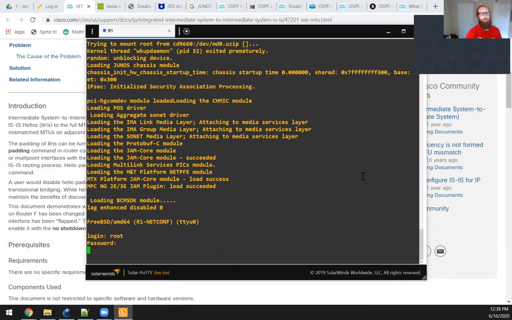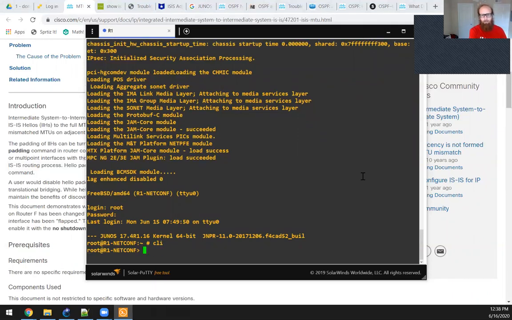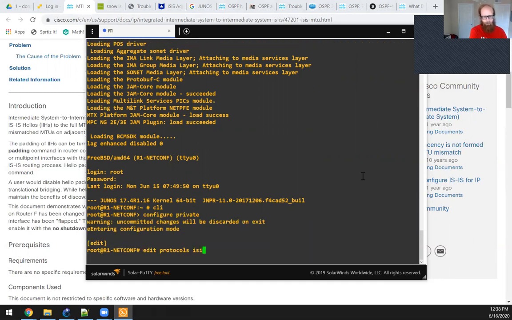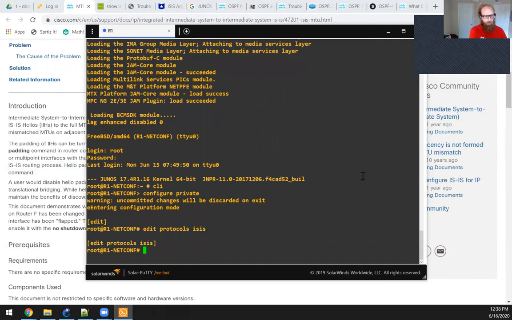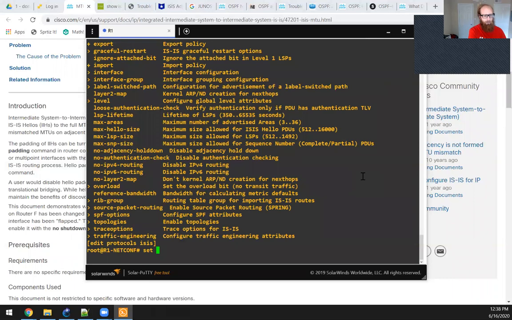Oops, so I've got Radius set up, but I don't have my Radius server installed. So it's going to need to time out when you go into Radius, but then it's going to fail over to password authentication. There we go. So that's why there's that long delay there. Let's do a configure private, edit protocols ISIS. And now let's see if there's something to do with padding.